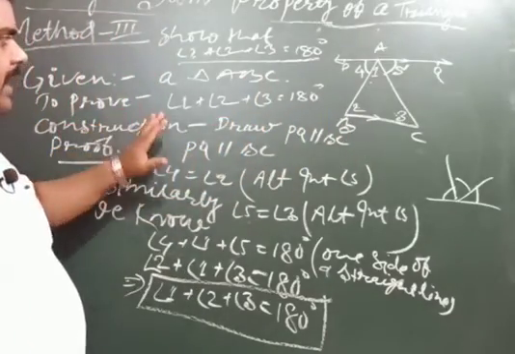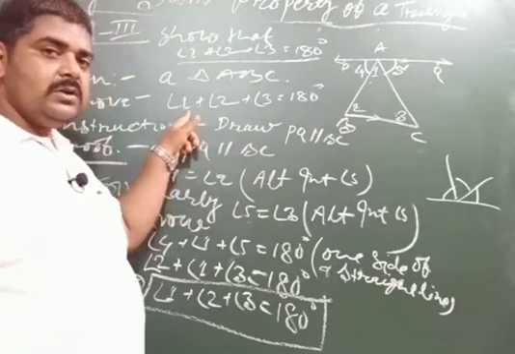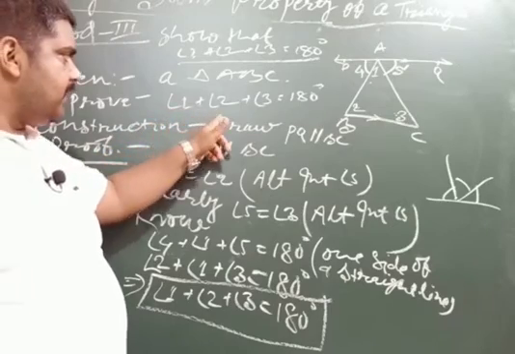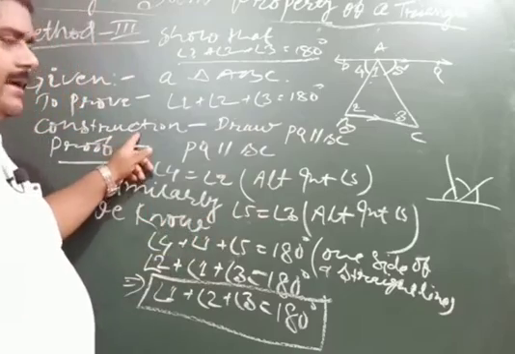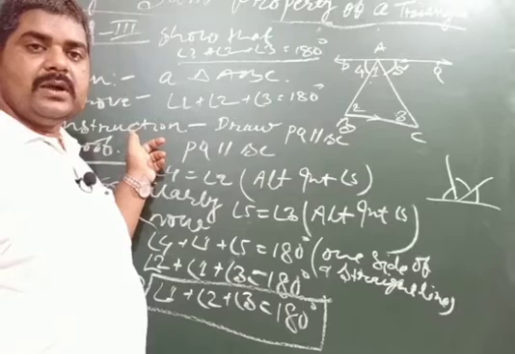Then you write what to prove: angle 1 plus angle 2 plus angle 3 is equal to 180 degrees. After that, if construction is required, you write down the construction.